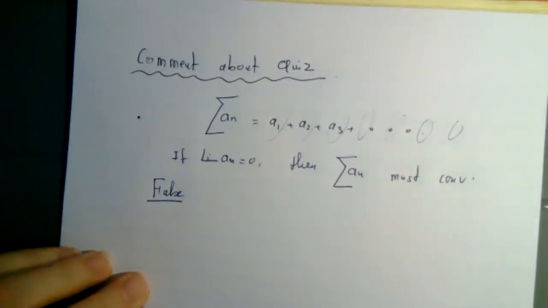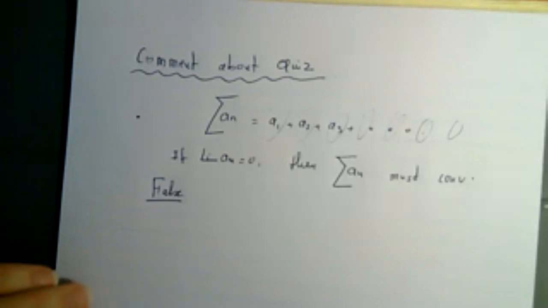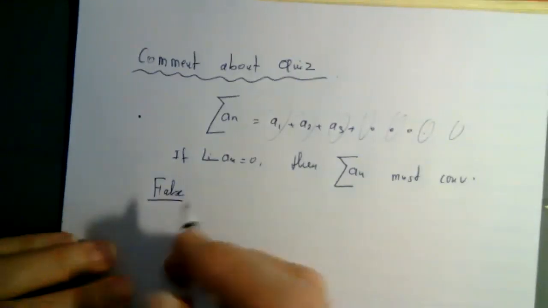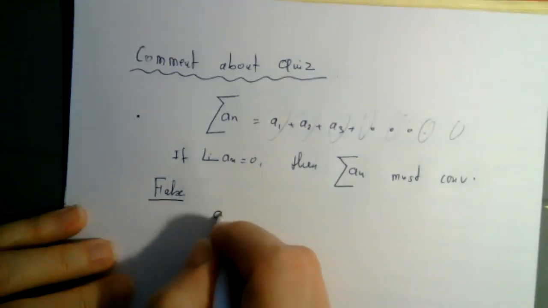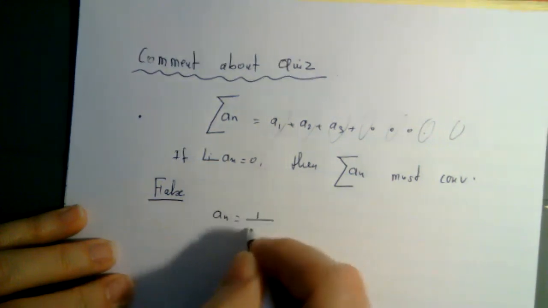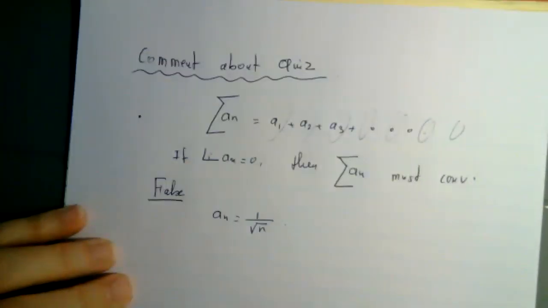The example that we've done a lot of is, let's take an to be, a lot of students actually gave me 1 over the square root of n.